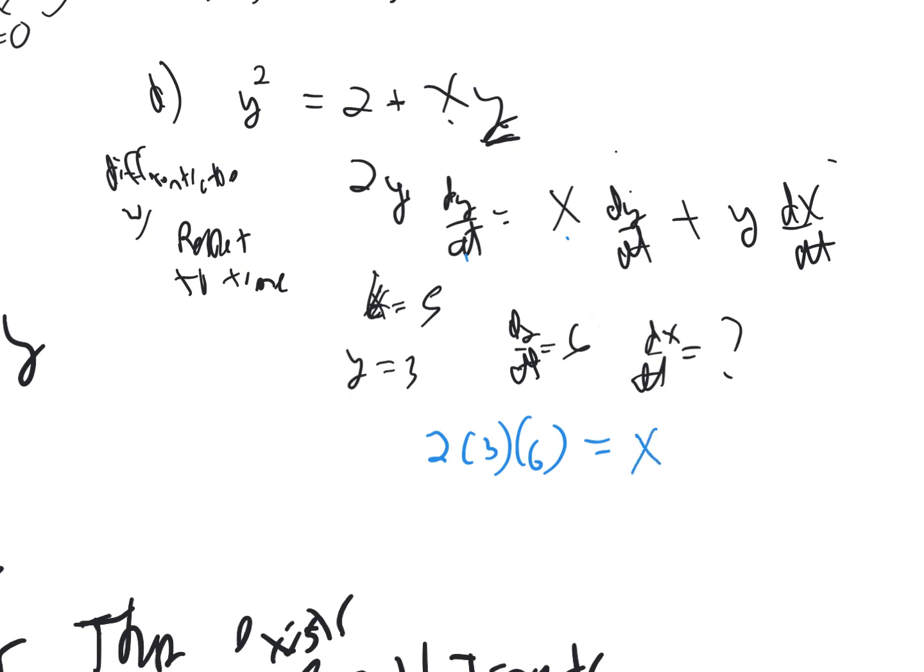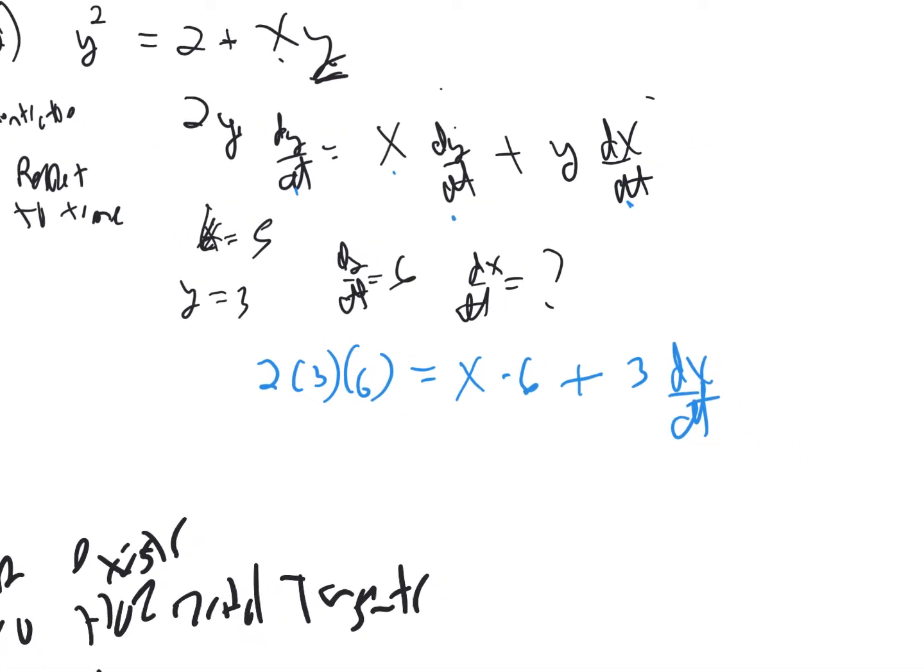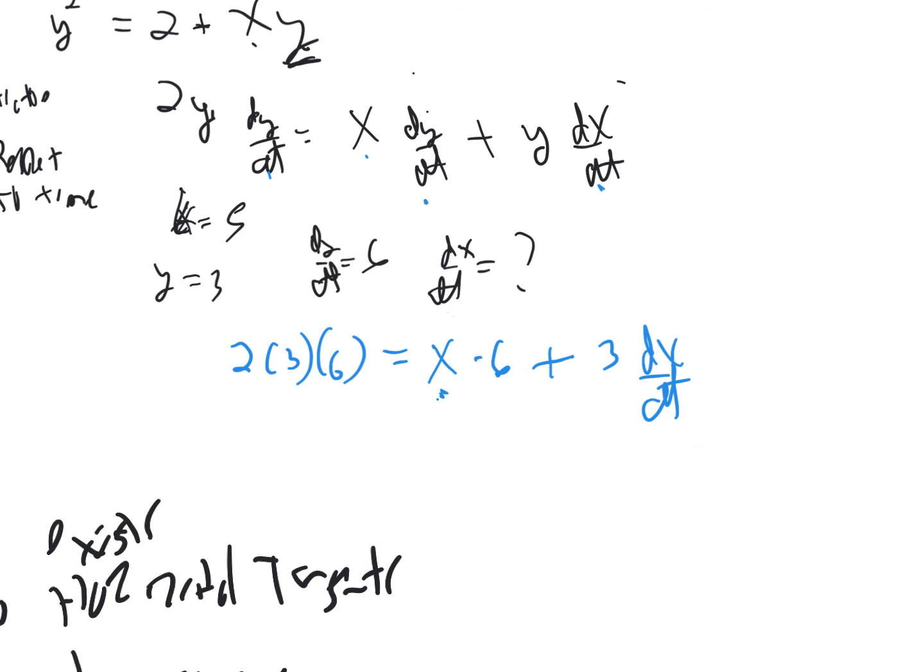I didn't see him tell me what x is. Let me just write it out for a minute. I do know my dy/dt. He said that was 6. And y, he told me the y was 3. And there's my dx/dt that I'm looking for. But you notice I have an x unknown.